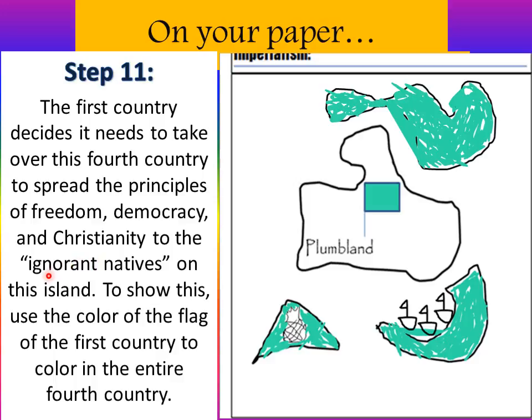Maybe you're not like that, and I know I'm not, but there are people that view other places like that. And that's how we viewed the Philippines and Hawaii back before the 1900s.